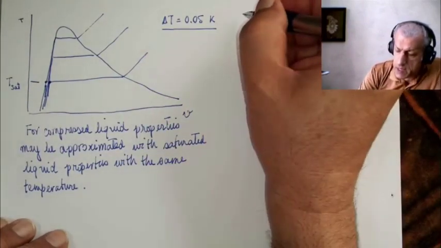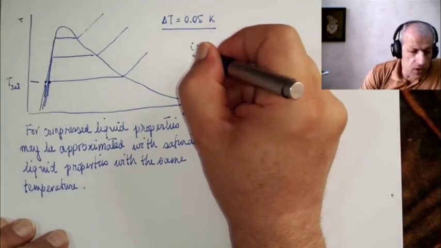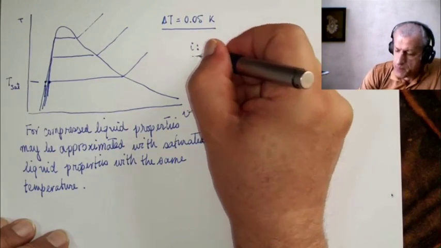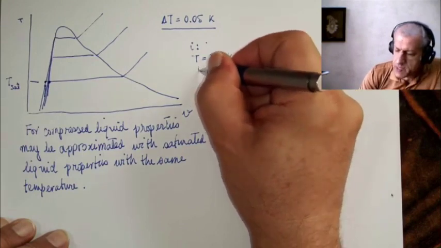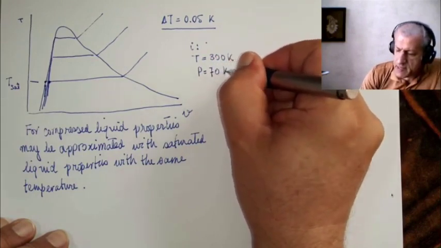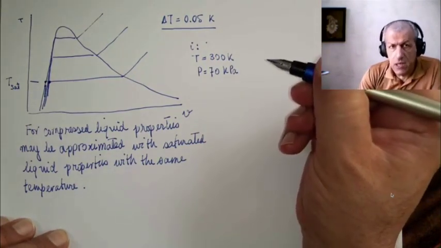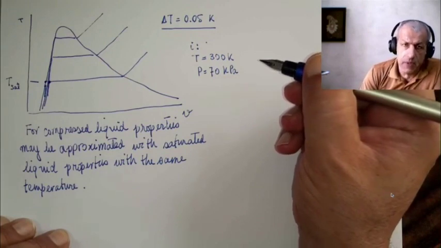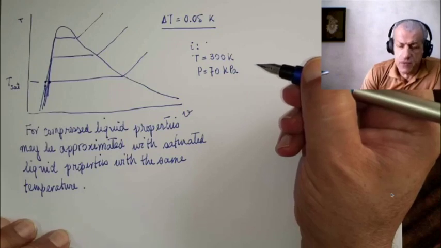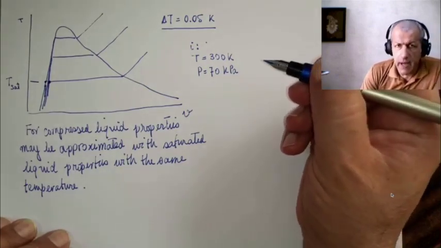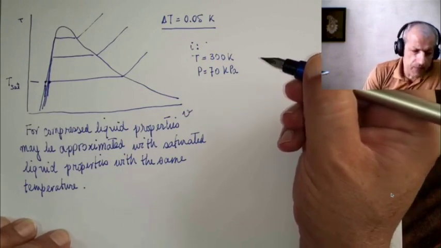So for the incoming fluid, we know that T equals 300 kelvins and P equals 70 kilopascals. I use an application to read the properties, which you can find many applications for cell phones. Just go to Google Play Store and see those applications that are available.